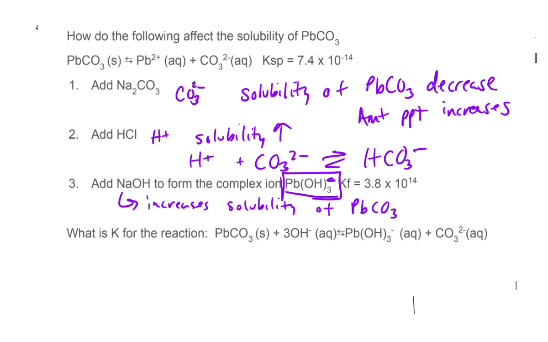Okay. Now we can calculate an equilibrium constant for the reaction of the lead carbonate solid with hydroxide to form the complex ion. And then here's some carbonate left over. So take a second and calculate that. You have our KSP and our KF here. Determine a K for this new equilibrium.